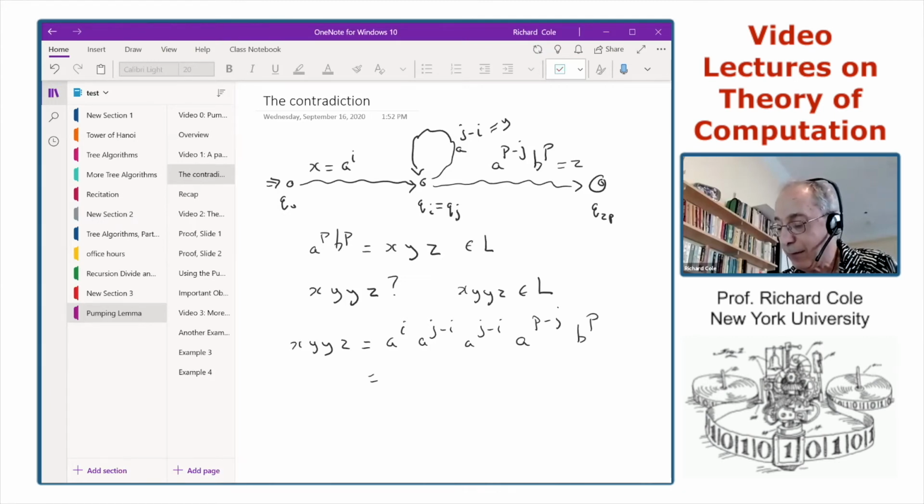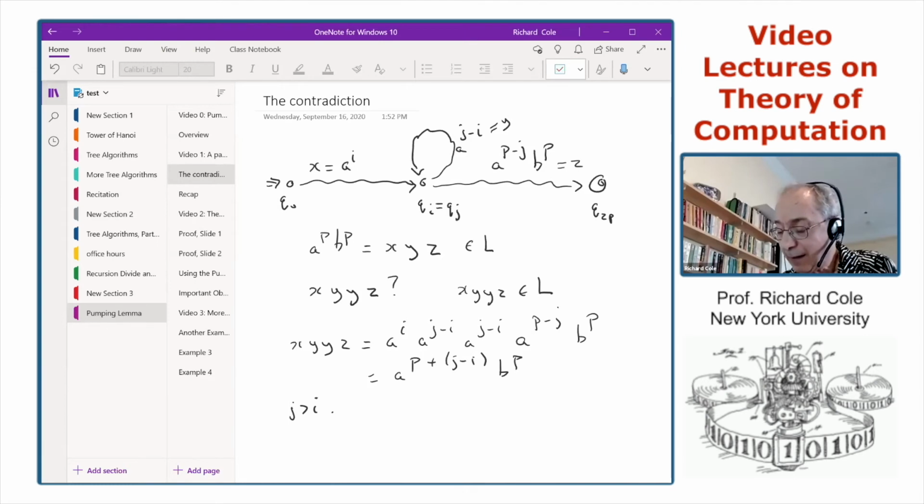Let's just add up the number of A's that we have. And what you see is we have P plus j minus i A's. And the important point to remember from a minute ago is that j is greater than i. So the number of A's and the number of B's in xyyz are not equal. There are more A's than B's.